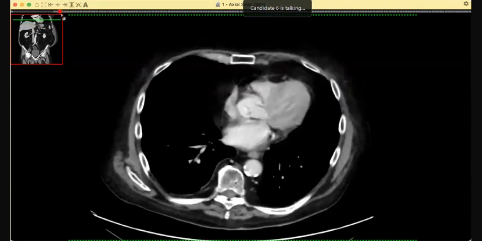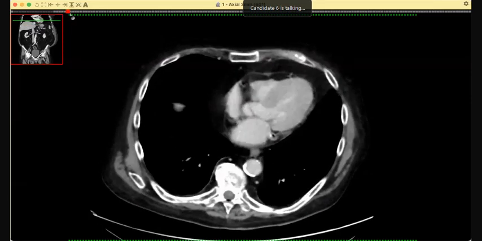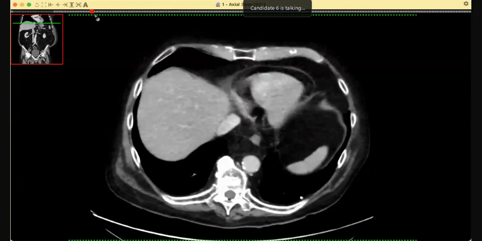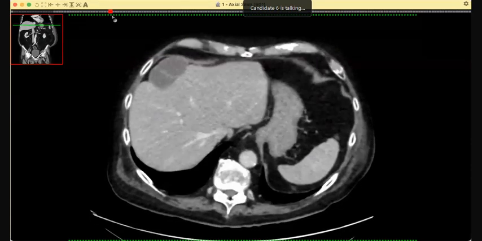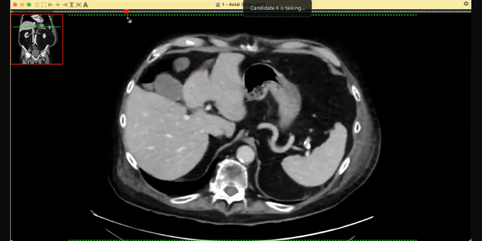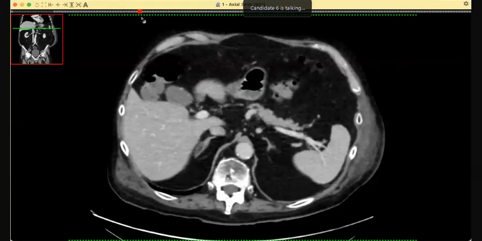So these are actual post-contrast sequences of the abdomen of a known case of prostate cancer on treatment with bony metastasis. Looking for the source of infection as prescribed. The liver appears normal. There is no evidence of any liver abscess.